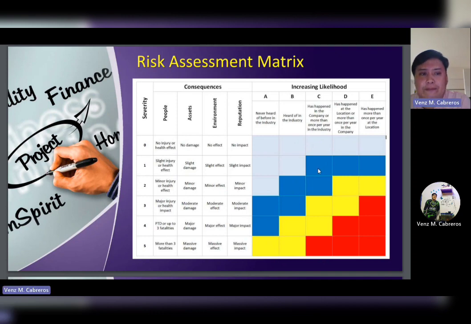So this one is still tolerable, the blue is tolerable. Then the yellow ones are manageable, so you need to manage that risk, like in severity level 5, more than 3%, damage, massive effect, massive impact, never heard of before in the industry, so manageable. Heard of in the industry, manageable.